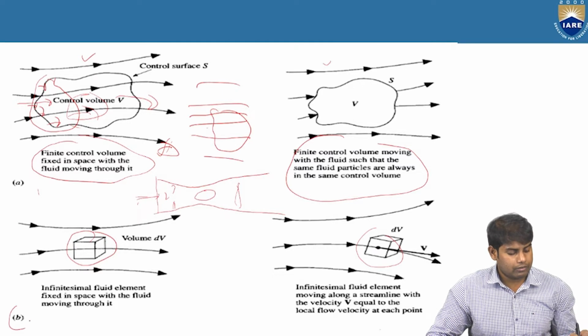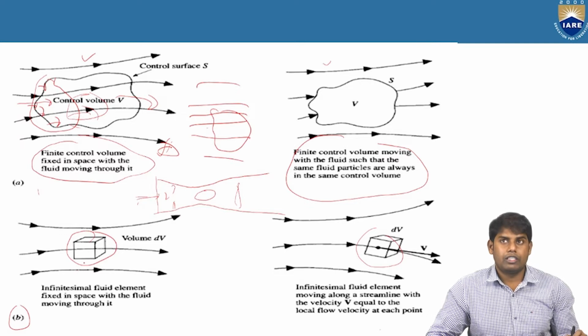For the B part, the fluid element is moving with the flow, and here we will derive the differential form of governing equations. For the fluid element, we will be seeing the rate of molecules passing through it. For the infinitesimal fluid element approach, we will derive only the differential form of equations.